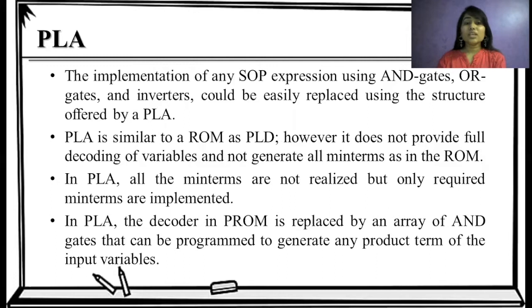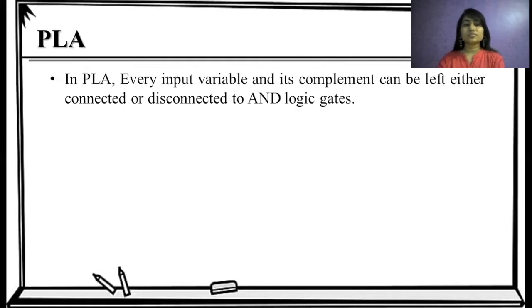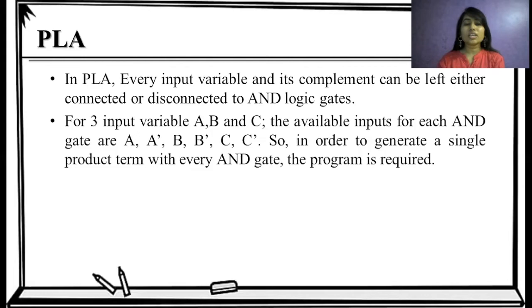In PLA, the decoder in a PROM is just replaced by an AND gate array. So we can program our product terms according to our requirement using this array of AND gates. In PLA, every input variable and its complement can be left either connected or disconnected to the AND logic gates.